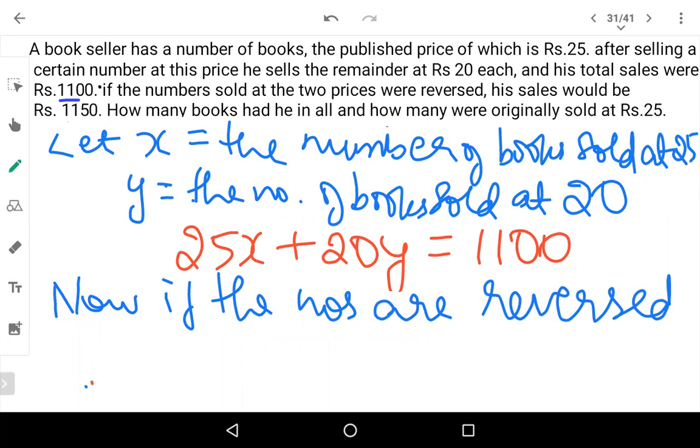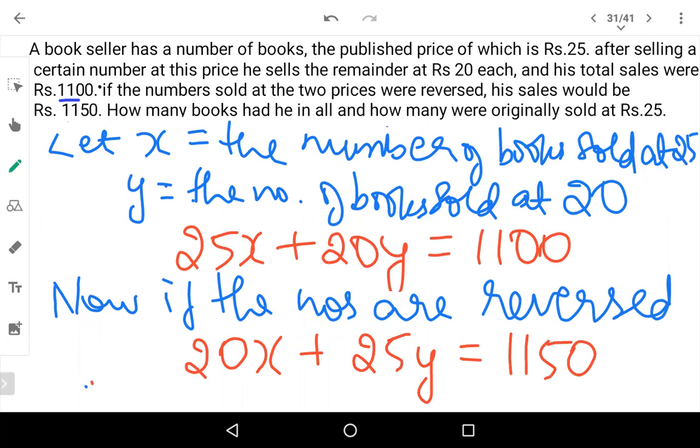We get 20x plus 25y is equal to 1150. Correct? In the second scenario or in the second option, we will change the numbers and the sales would be 1150. So we have got two equations already.